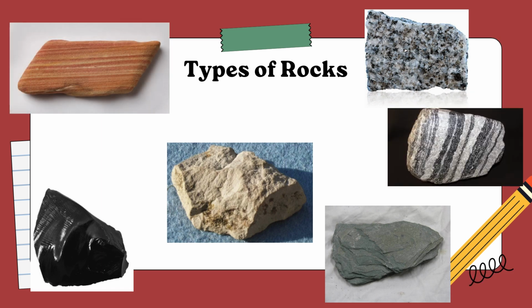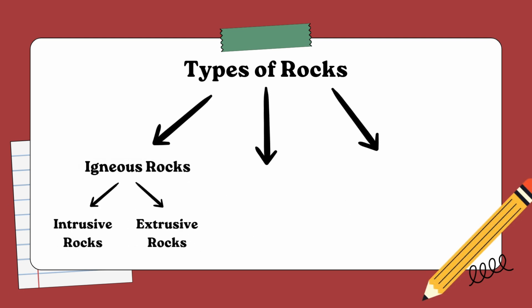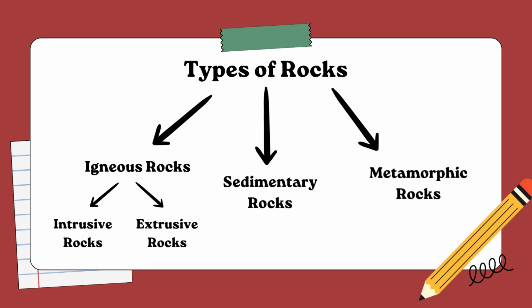So there are different types of rocks. Now let's look at these different types of rocks. There are three different types of rocks. First is igneous rocks, which are further divided into intrusive igneous rocks and extrusive igneous rocks. Then there are sedimentary rocks and then metamorphic rocks.